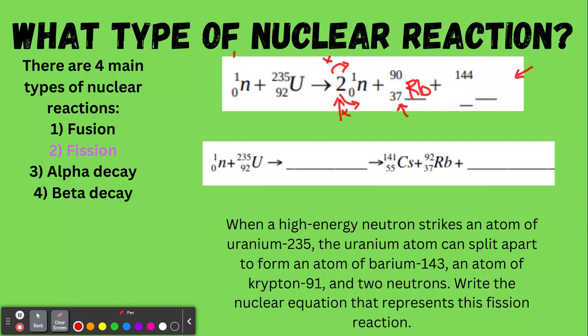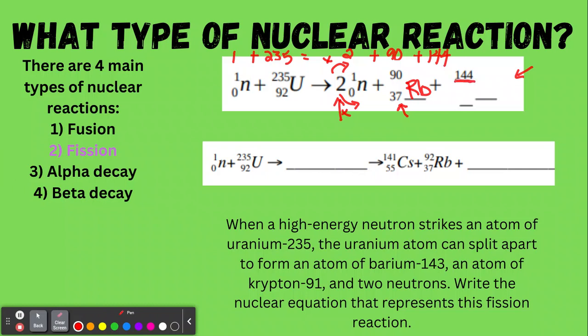So I've got 1 plus 235 equals 2 plus 90 plus 144. Okay, so when I add those together, that's 146 and 90, 236 and 236. Perfect. Okay, and since this one is already over here, I didn't really have to do that.